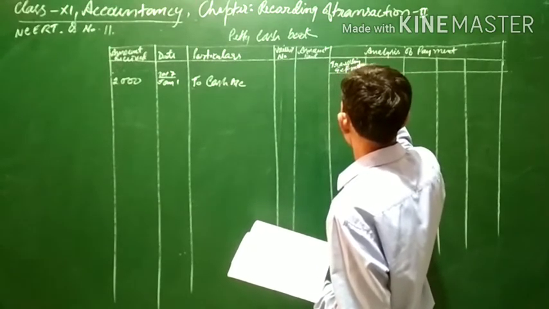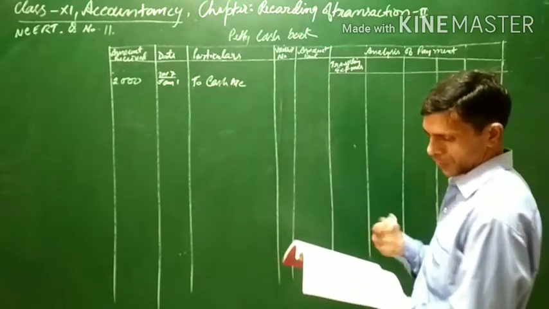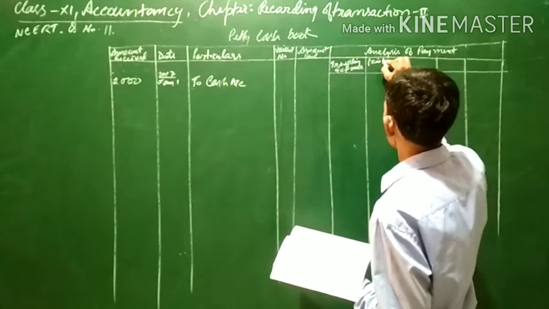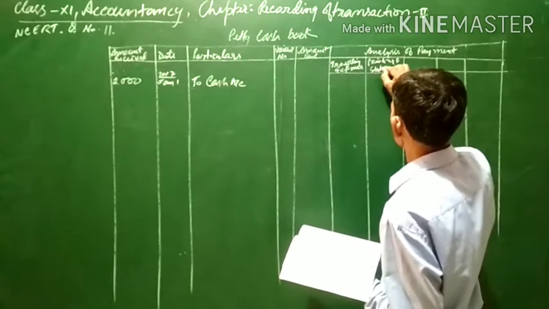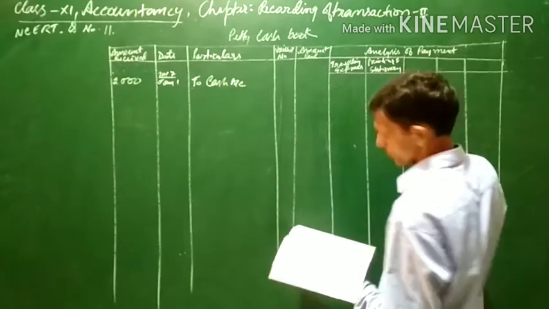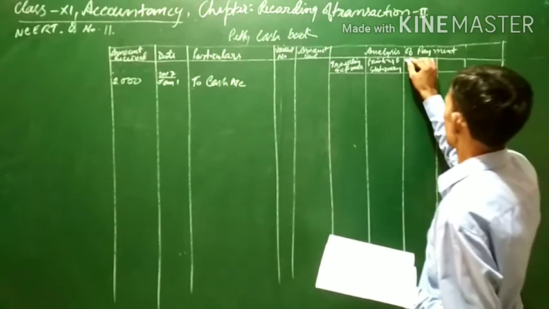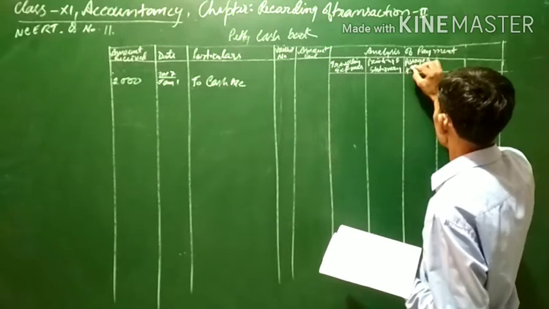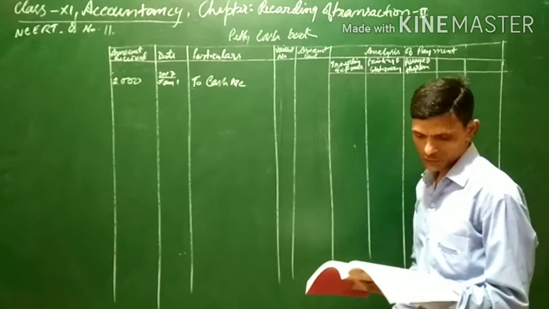One column we are adding for traveling expenses. Again there are stationery items, so one column we can draw for printing and stationery. Again there are postage charges, so postage and telegram you can write. That is one column we have written here.